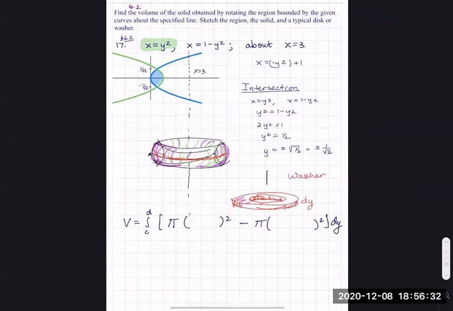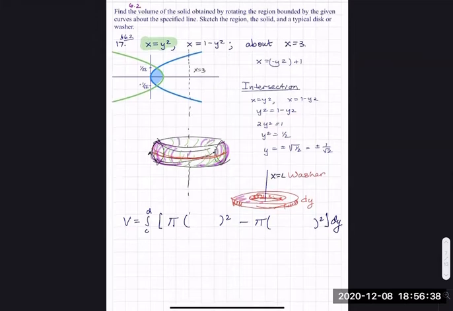The thing that's tricky to understand is that the radius is the function, say x equals f of y, subtracting the line. So the radius is, you go from the x value on the right and you subtract the x value of the line x equals L, and that gives you a radius.